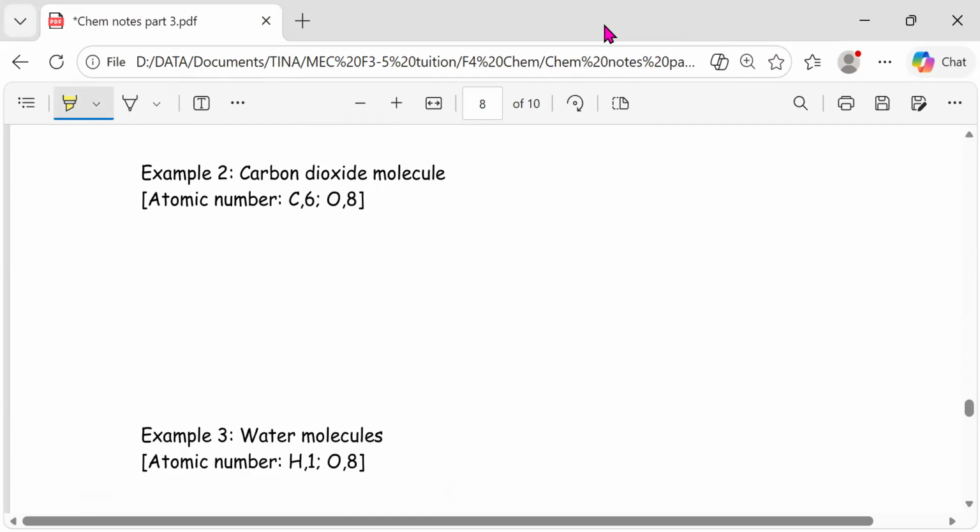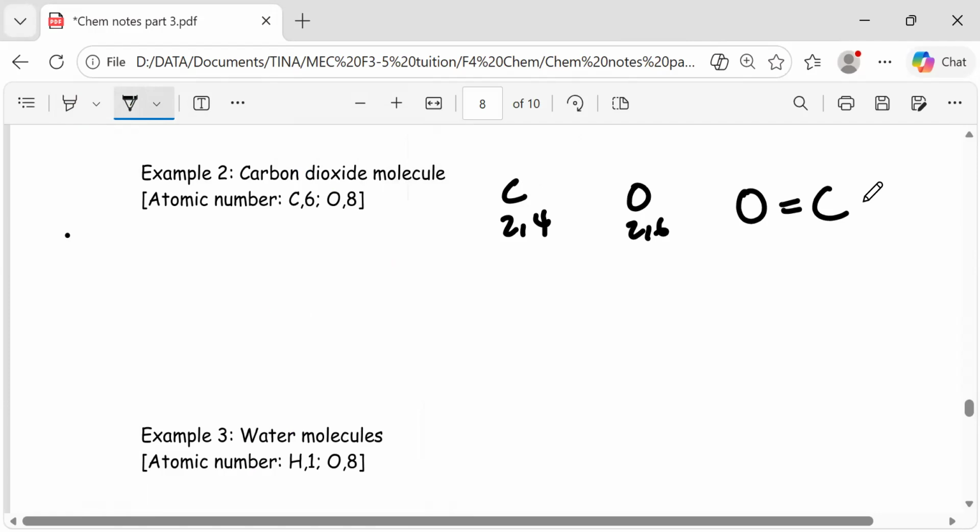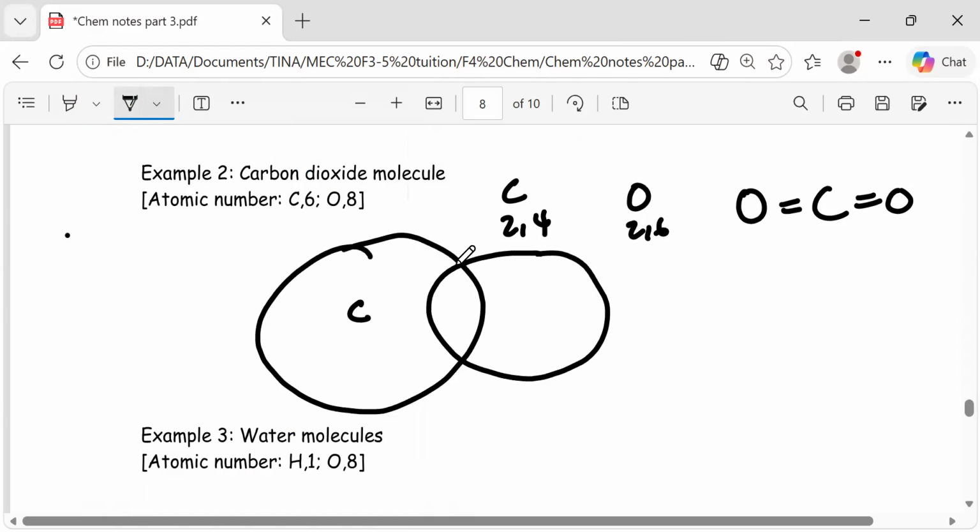Done? Carbon is 2, 4, oxygen is 2, 6. So carbon dioxide will look like this. Carbon is four bonds. Okay, try and draw.